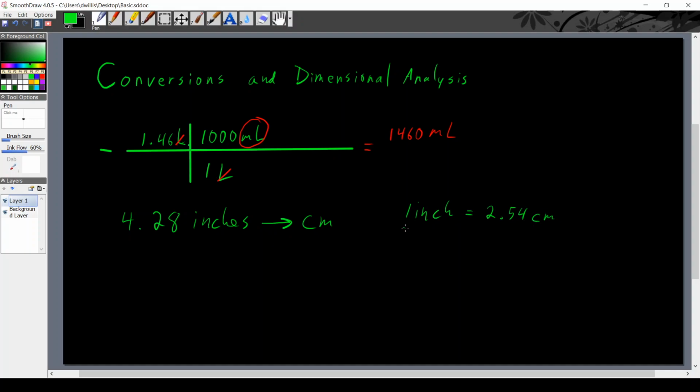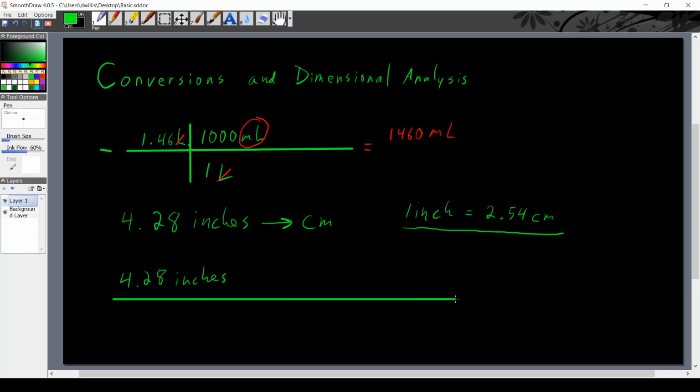So that is an exact conversion based on the definition of an inch. All right, so I would start off with what I'm given, 4.28 inches, and I'm going to draw my line underneath and draw a dividing line there just to help me keep things straight.